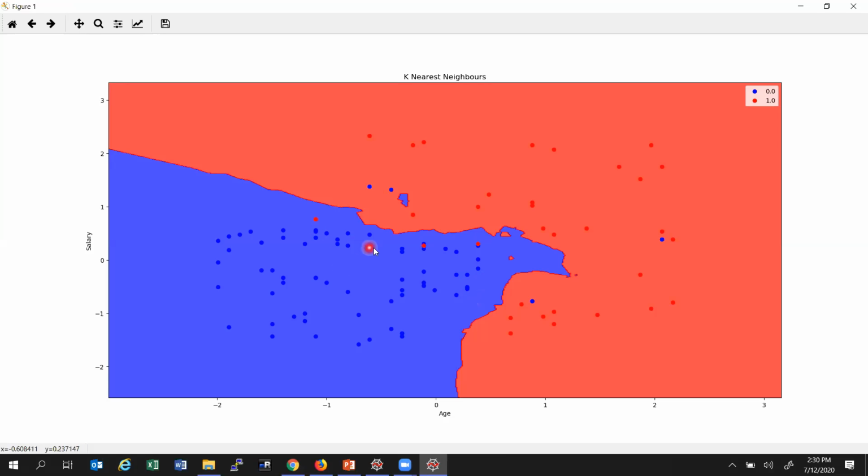So here you see those 7 readings, 3 are wrong. You predicted this person is not going to buy the SUV, but actually this person is buying the SUV. So this is 1, 2, 3. These are what? False positive or false negative?